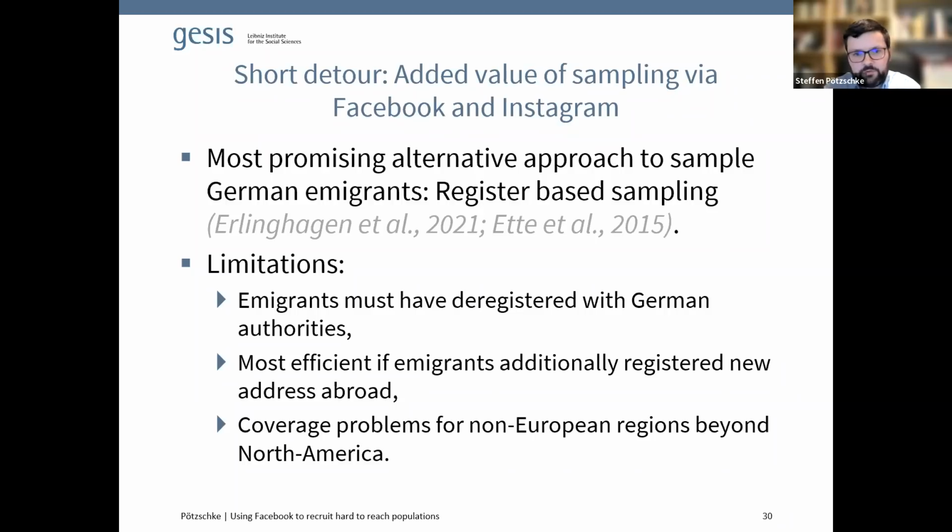It is most efficient if immigrants additionally registered a new address abroad. And the results of this method show that there are coverage issues if we look at countries beyond Europe, which is actually why we started this research in the first place.